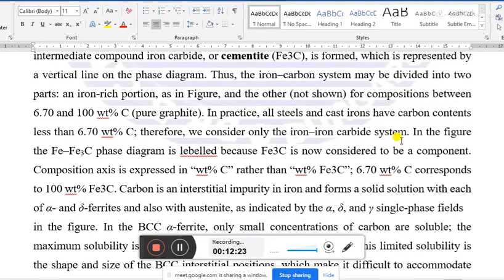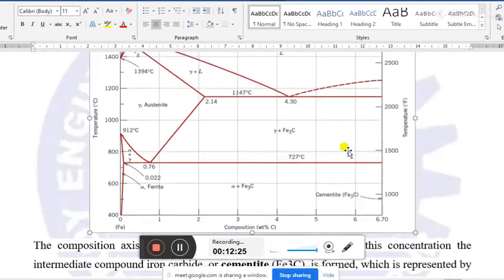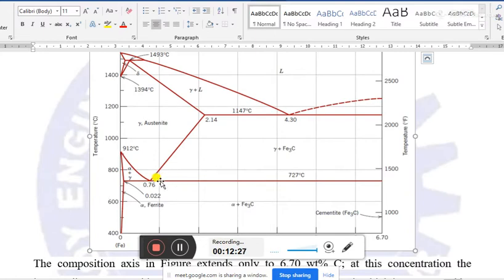Now coming to this portion of the phase diagram, we have already discussed that alpha ferrite, the basic form of iron, has little solubility of carbon, and after the mixture of carbon, alpha ferrite makes a solid solution.